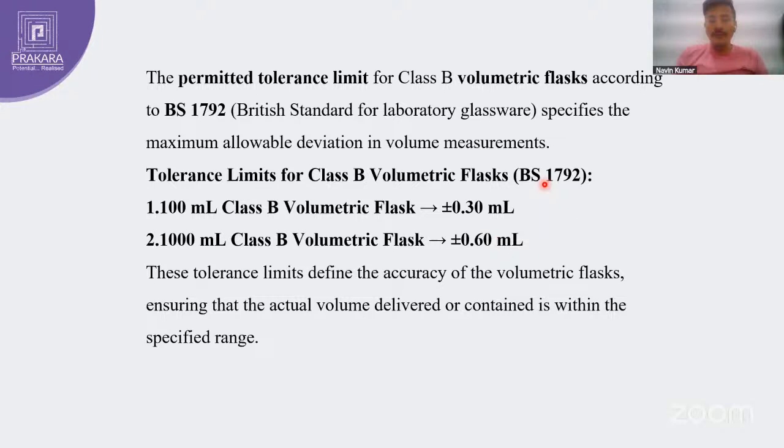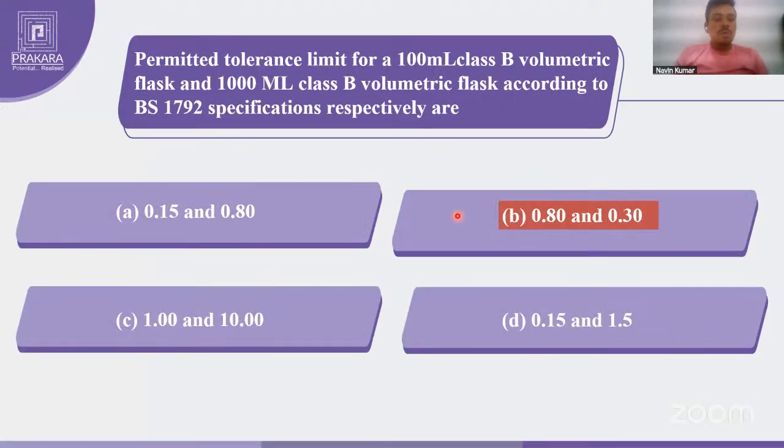So from this, you can see for the 100 ml, it's 0.30, and for the 1000 ml, it's 0.60. Here you can see option A is not 0.30, option C is also not, and option D is also not. So option B is the closest one, that is 0.30 and 0.80.